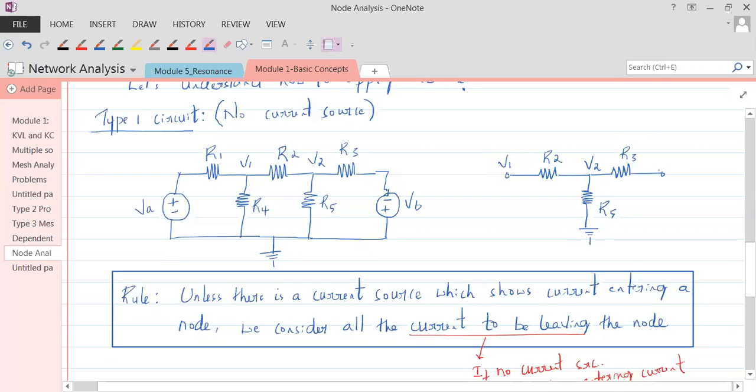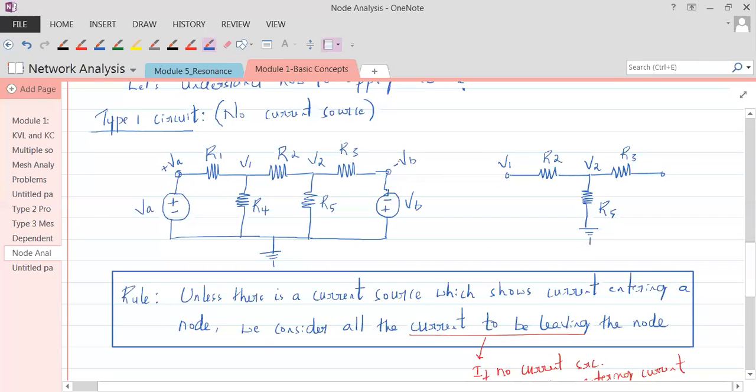Now, can you tell me what is the voltage here? What did we say the voltage here is? It's plus VA. Minus, we told, minus VB. Exactly, good. At this point, the voltage is plus VA. Similarly, at this point, the voltage is minus VB.